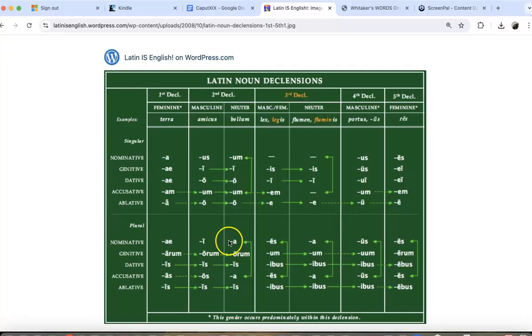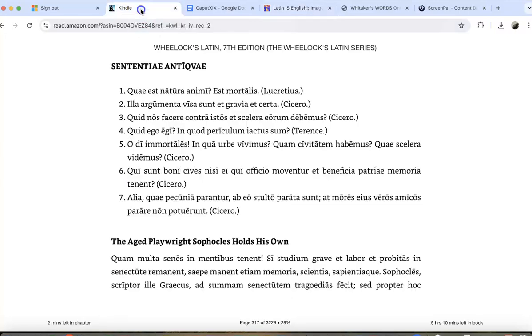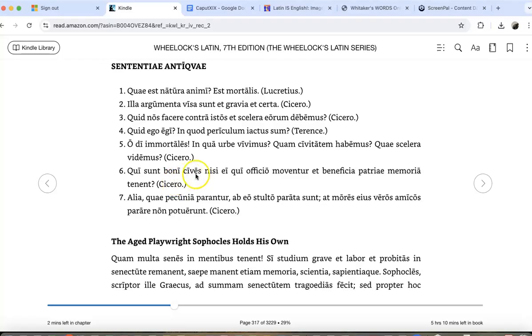It just depends. Only looking words up in a dictionary or learning the words in terms of the declensions is how you have to approach it. But hopefully we've seen these words enough where we have some recollection that boni is masculine and citizens is third, and so that's boni cives. So who are good citizens?